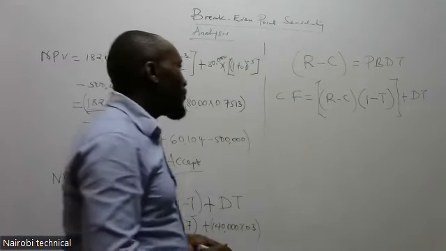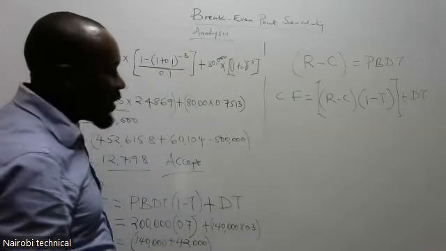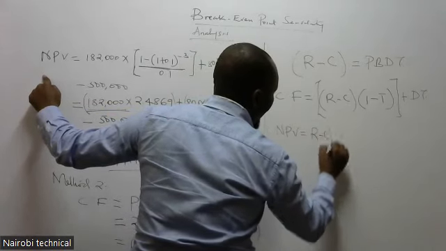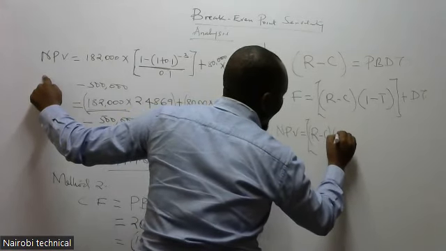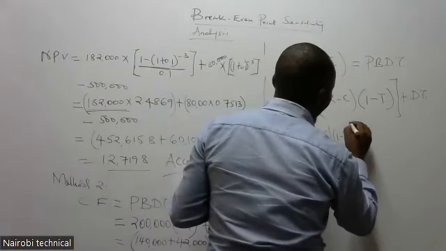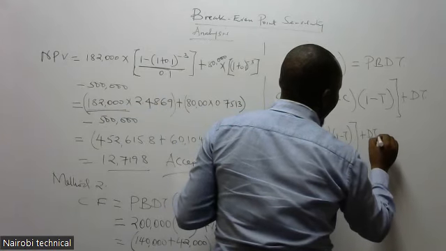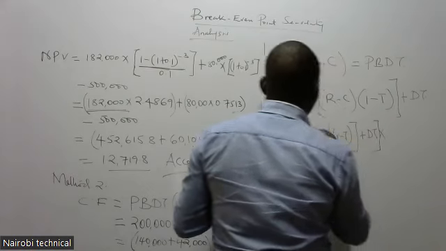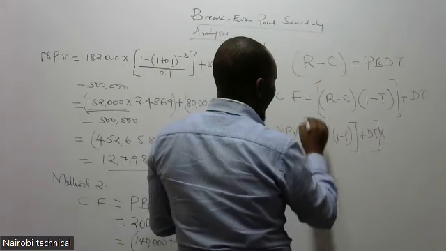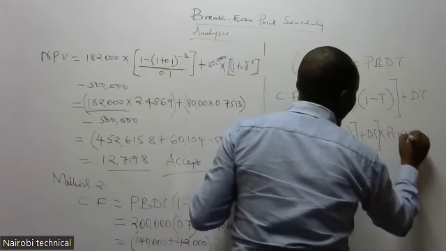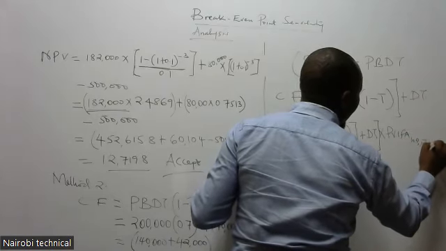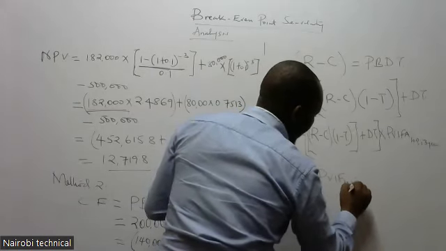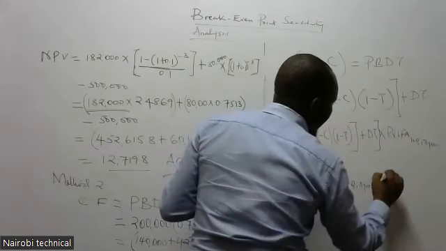So then we can write this formula like this. For NPV, we can say that NPV is equal to R minus C, bracket, 1 minus T, bracket, plus D times T, all of that times PV of 10%, 3 years, plus PV of 10%, 3 years, minus initial outlay.